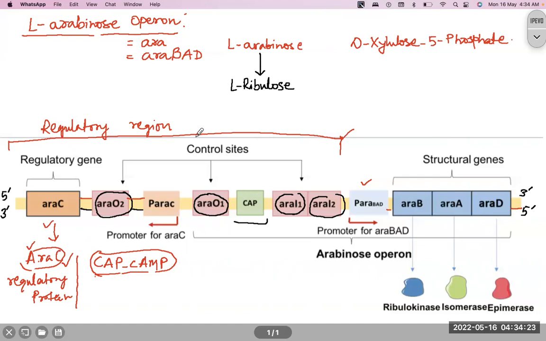And L-ribulose is converted into L-ribulose 5-phosphate.